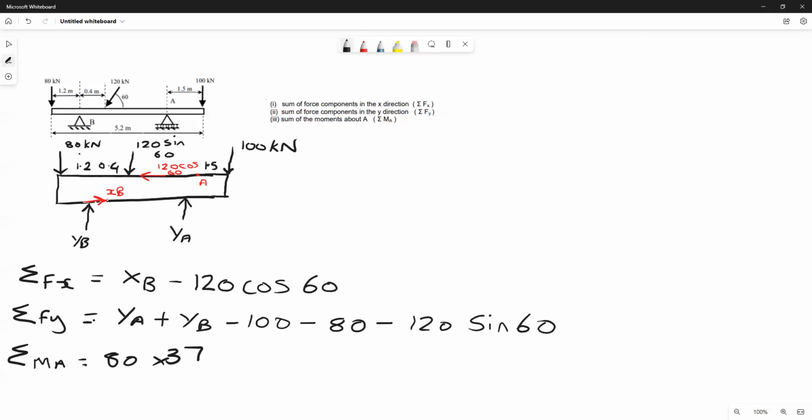And then we would do plus 120 sine 60 multiplied by 2.1. So we add those distances together.